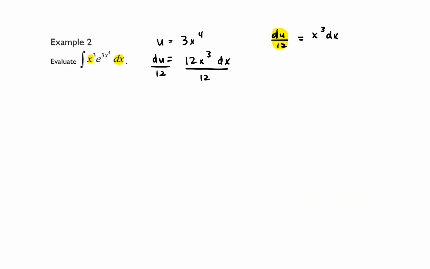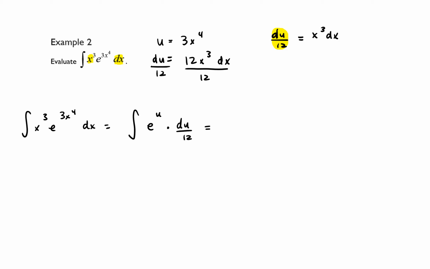So let's go ahead and make some substitutions. That integral, x cubed e to the 3x to the 4th power dx, we will be able to rewrite as e to the u power, since our u is 3x to the 4th, times du over 12.